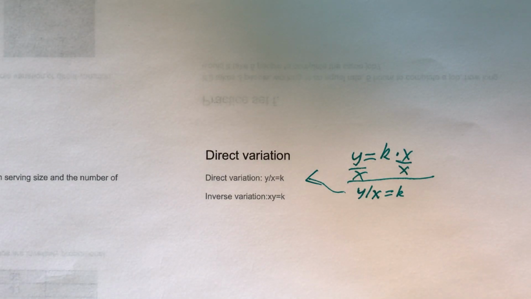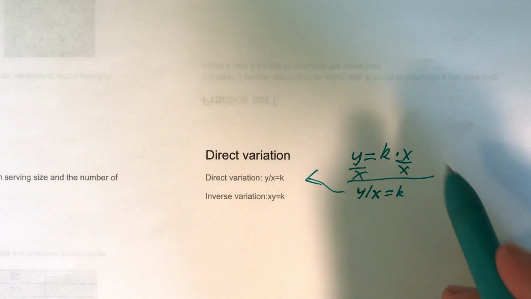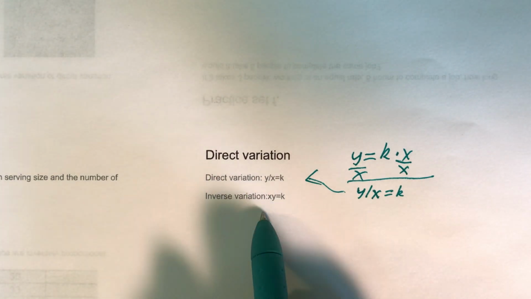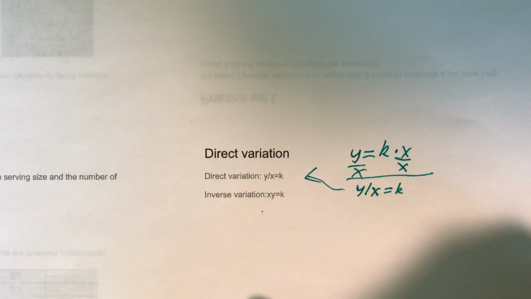Now, inverse variation is going to be the inverse of it, which is instead of dividing, we're going to multiply. So right here, we would have been dividing on this side right away by x, so then we'd have to multiply by x to both sides to get it to what this is right here.